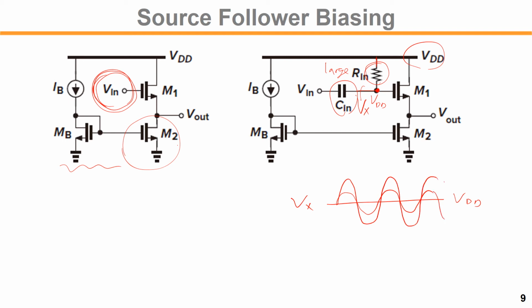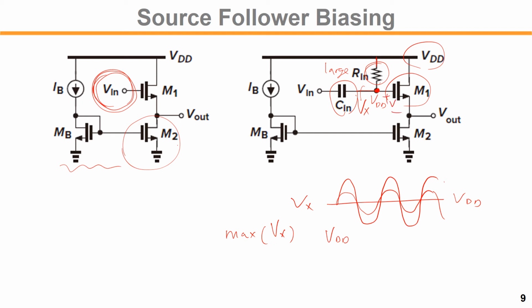You can imagine that if this gate voltage goes up too high, then M1 will get into the triode region. So the maximum Vx, the max amplitude of Vin, will be what? VDD, so this one is the overdrive voltage of this guy.